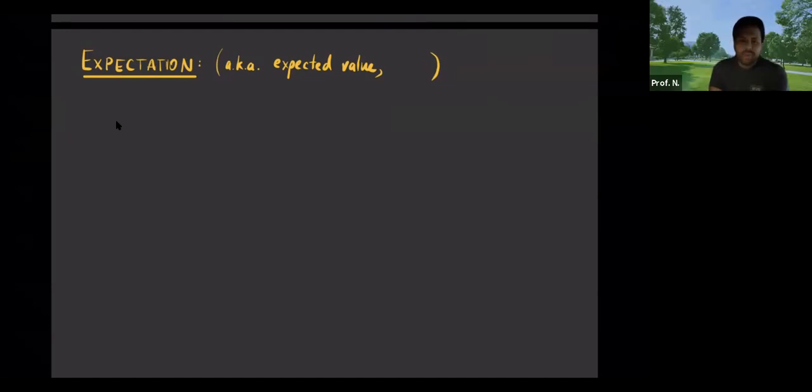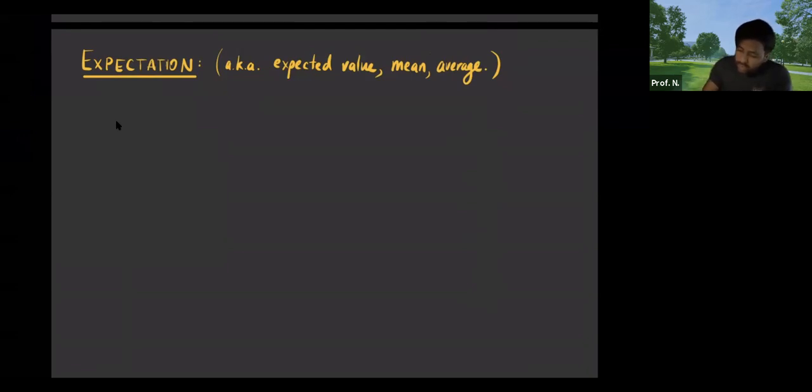Do you know another word for that? No? It's the mean, or also known as the average. It's the average value, right? So it's what you expect when you perform a certain probability experiment. Hence the term expectation or expected value.